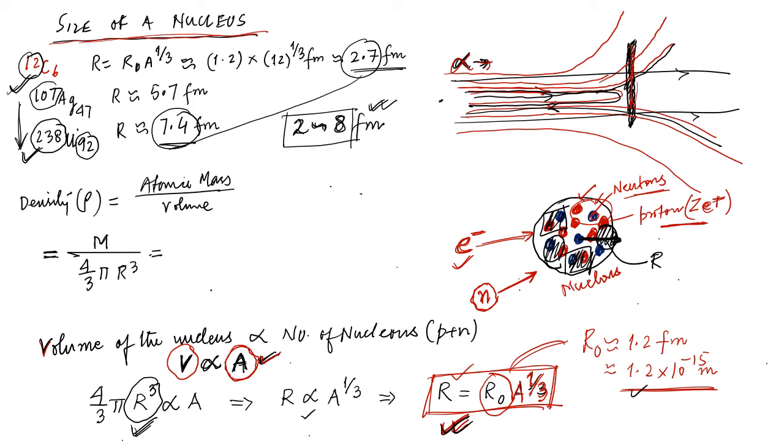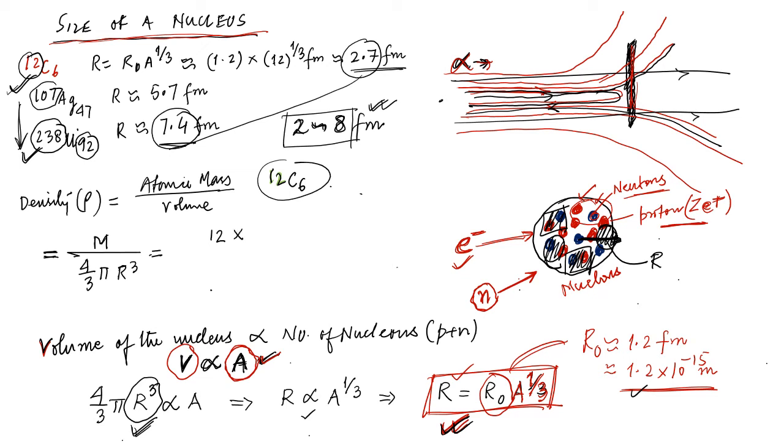So I'm trying to find it for carbon 12, 6. The atomic mass of carbon 12 will be, because 12 nucleons are there, multiplied by one atomic mass unit.